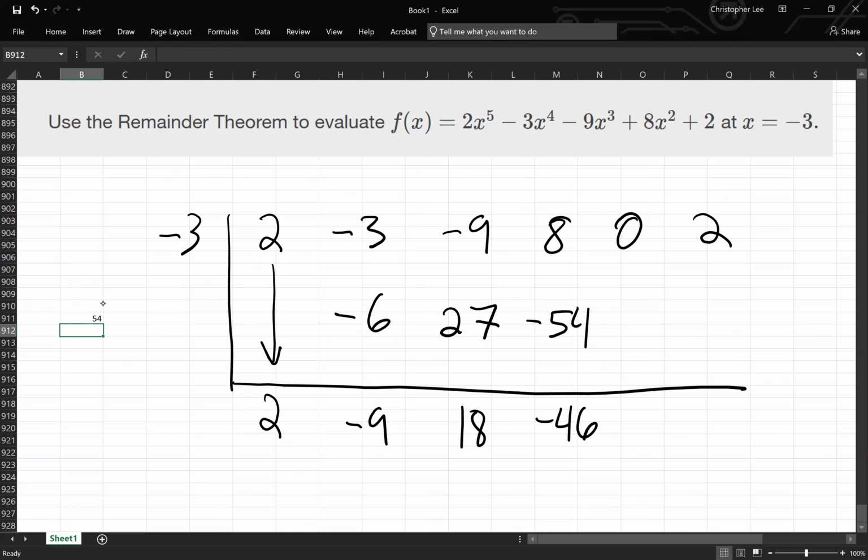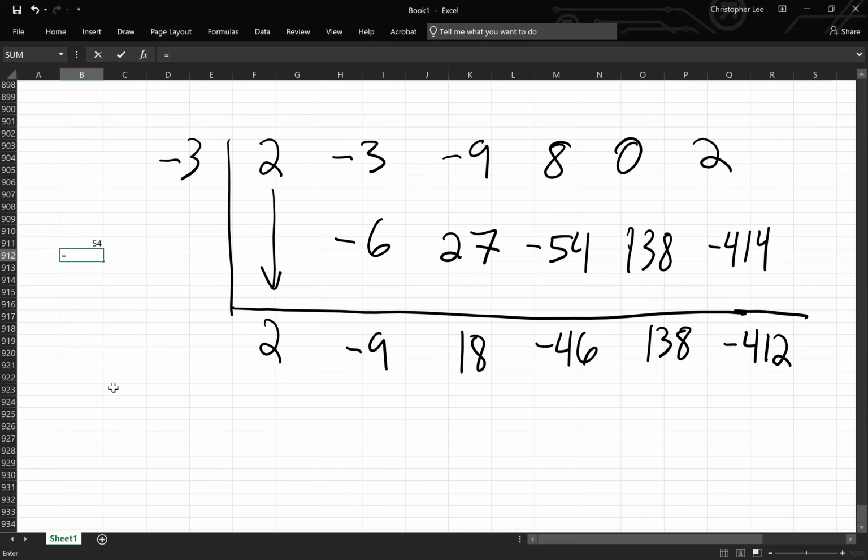Now -3 times -46 is 138. Now 0 plus 138 is 138. Now -3 times 138 is -414. And now -414 plus 2 is -412. Perfect. So that's our remainder.